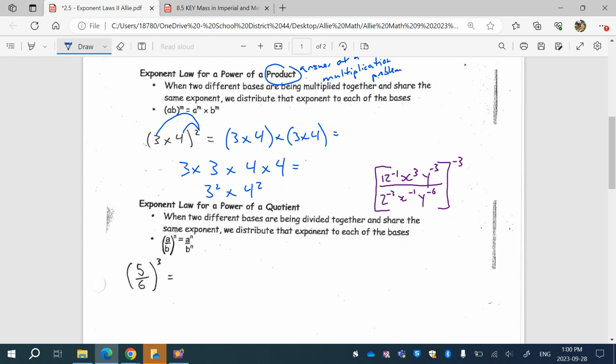So if you had done from the beginning 3 to the power of 2 times 4 to the power of 2. And the reason that I drew this really complicated question, I got this from the Math 12 curriculum.